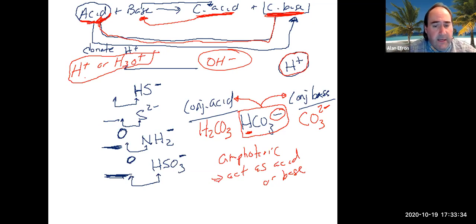When you lose a plus, you become more negative, and if you gain a plus, you become more positive. People sometimes mess up on this: they understand the H part, but the plus part affects the charge, so keep that in mind.